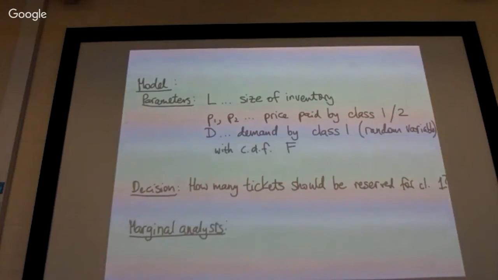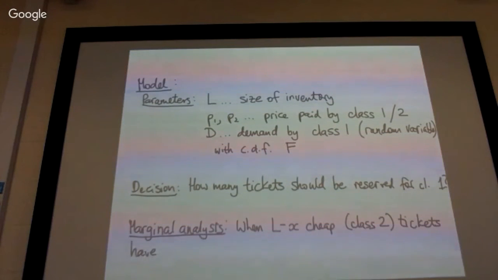And the question is, when L minus X cheap tickets have been sold, or class 2, and the customer arrives, and it's before the deadline, 2 weeks or whatever we've said. Should we sell or not?